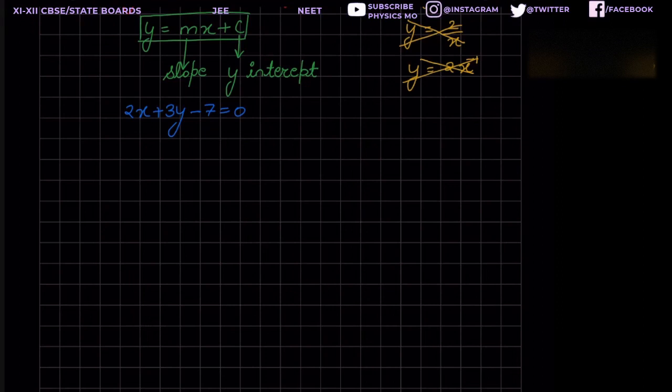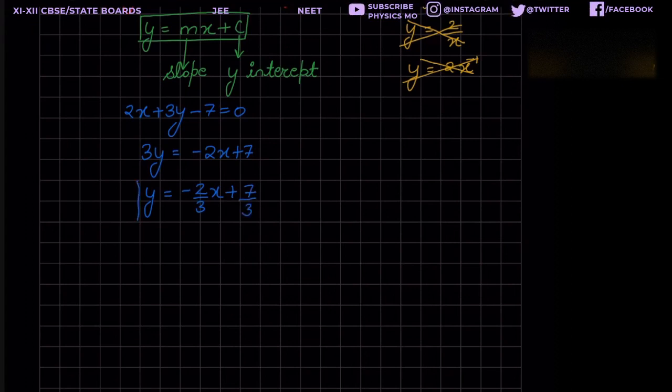So this will look like 3y is equal to minus 2x plus 7. Then if you break it further, you will get y is equal to minus 2 by 3 x plus 7 by 3.